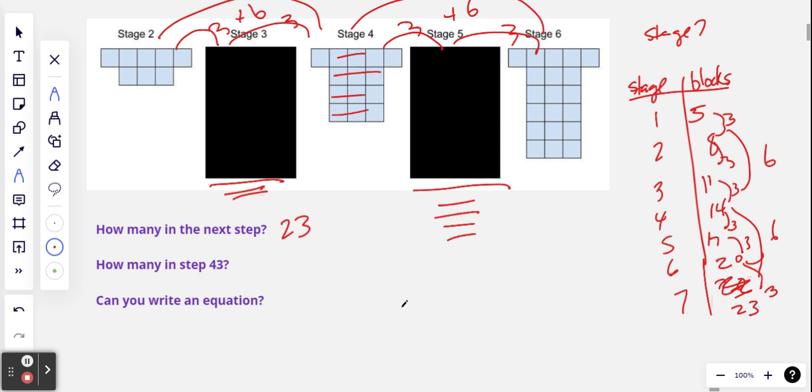And I think we're pretty close to an equation because we've got our rate of change and it's a constant. So this is a linear equation and we can use y equals mx plus b. And the m, the slope of the line, is going to be this rate of change between each step. So that's a 3. So y equals 3x plus something. And what is that going to be? Usually what we do is we go back to the first step to test it out.